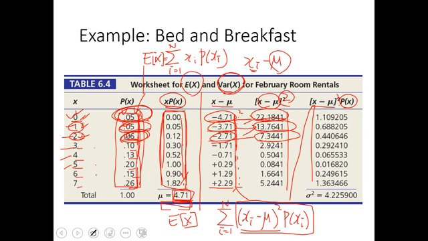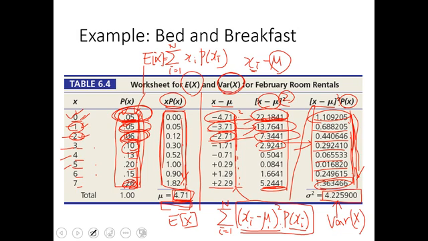Then we sum them up, and we have this value, the variance of x.